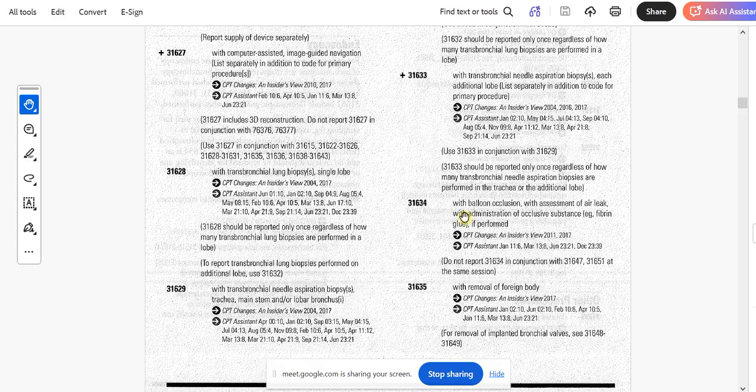This is a super specialty. Pulmonology is a super specialty. You'll come across a lot of procedures; some are done very routinely and some are done very rarely. You should be able to identify which is done routinely and which is done rarely.